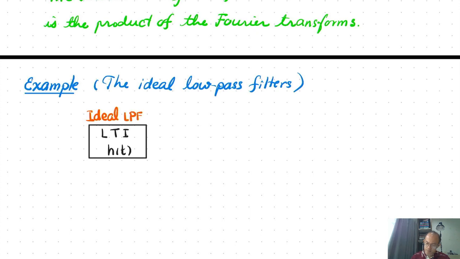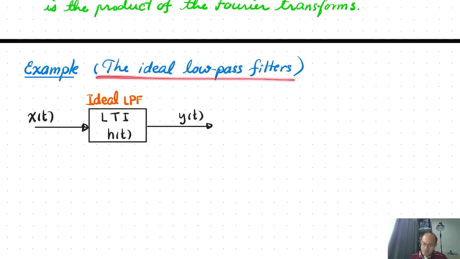LPF means low pass filter, and we feed it with a time domain signal x. The output of this linear time invariant system is denoted by the signal y.